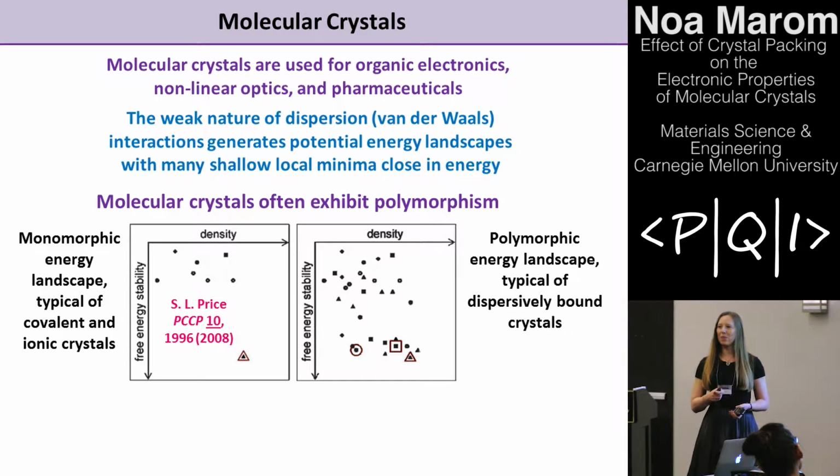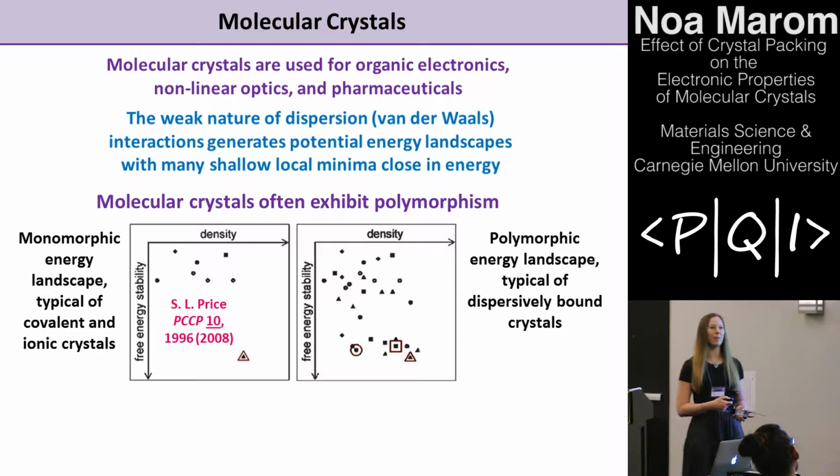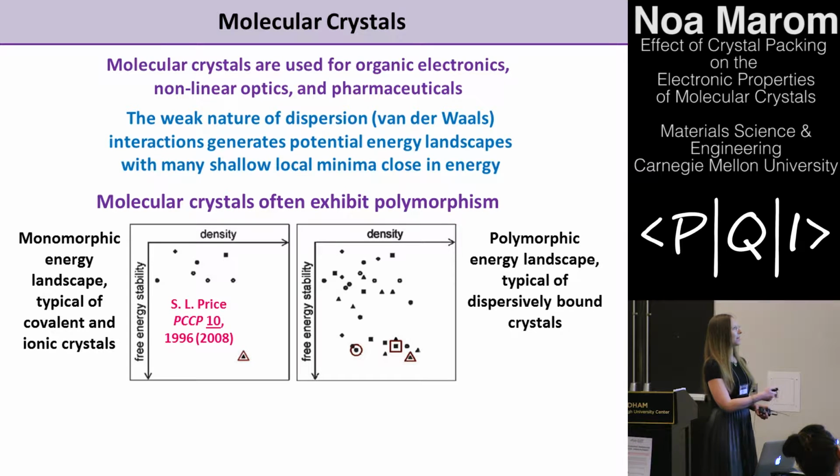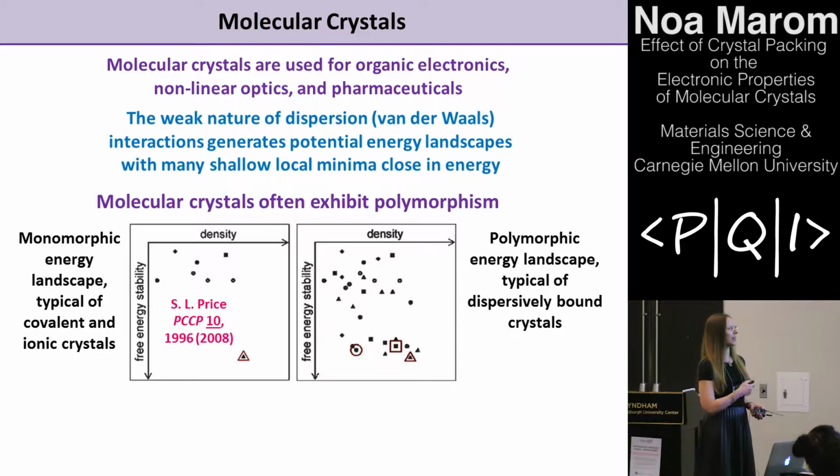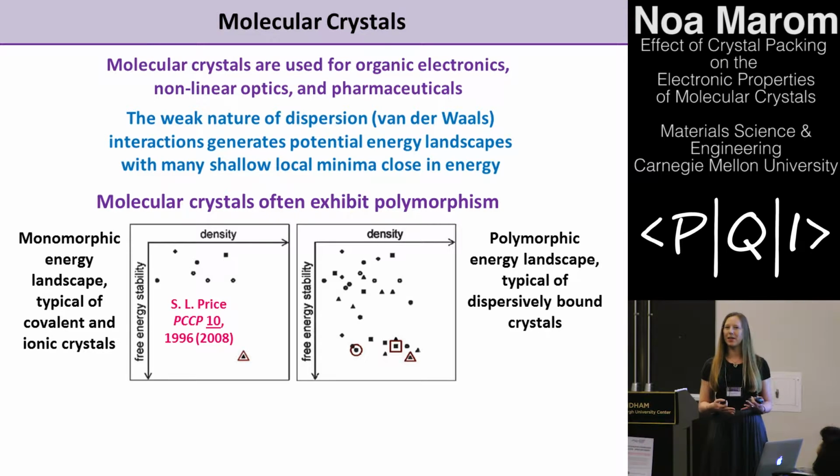So, for example, if a typical inorganic compound has a potential energy surface that looks like this, and you have one form that's significantly more stable than the other possible structures, that is a monomorphic potential energy landscape. But for molecular crystal, the situation looks more like this, where you have several different structures that are very close in energy, and you might actually see more than one of them. And this is called polymorphism.